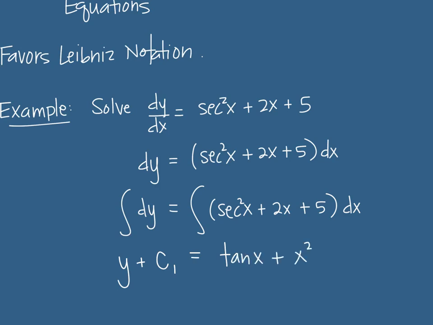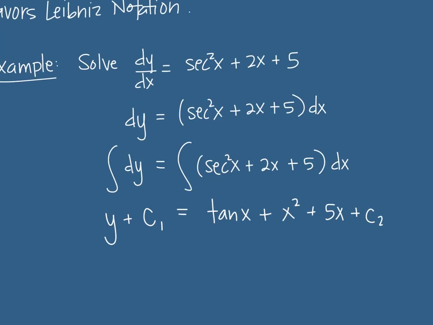And then x squared, then what? 5x, and then a second constant, which we combine with the first. And so the solution of this is y equals tan x plus x squared plus 5x, plus a universal C that covers both of them combined. So pretty simple, separate and integrate, pretty straightforward.